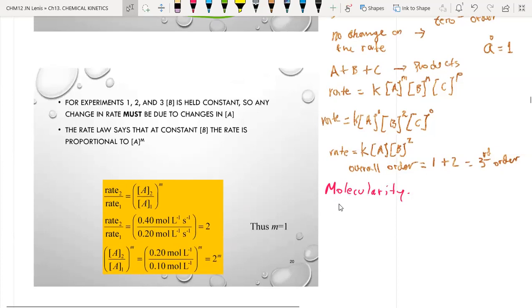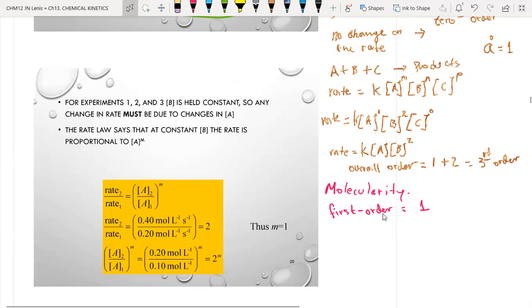So for first order, the molecularity is 1. That's the molecularity, 1 for first order.